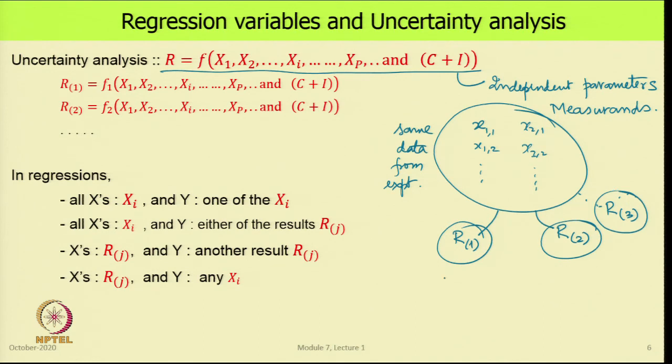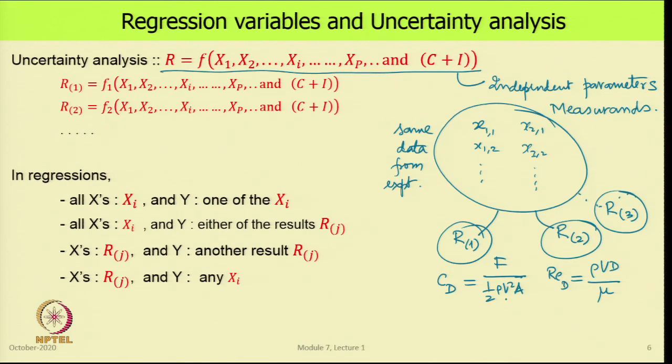An example was there that if we make measurements on a wind tunnel on a body experiencing aerodynamic drag, we got one result as the drag coefficient, which we defined as F upon half rho v square into area. And the other variable we could make was Re_D, which was rho v d upon mu.